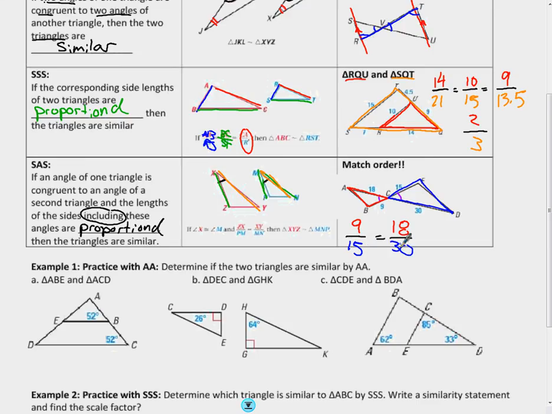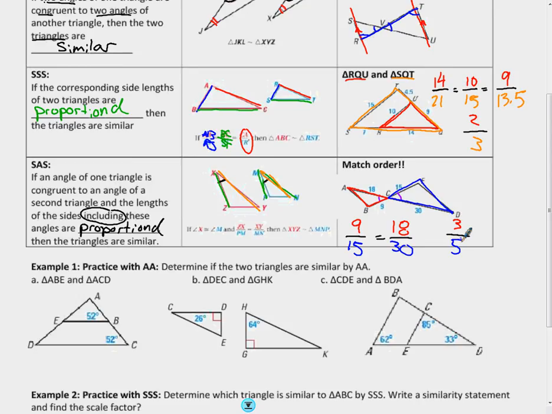So what's 9 over 15 reduced down to? I divide it by 3. 3 over 5. Is 18 over 30 reduced down to 3 over 5? When I divide it by 6, yeah, it does. 3 over 5. So they have the same scale factor, and they have an included angle that's congruent.